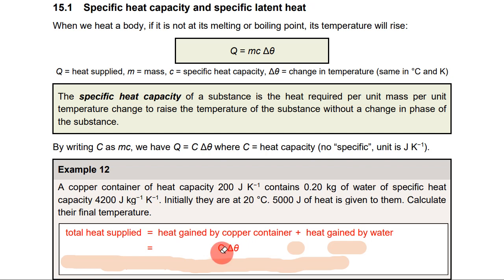We use big C multiplied by delta theta because for the copper, we are given the heat capacity. Then plus the heat gained by water. For heat gained by water, we use mc, small c times delta theta. We use this formula because we are given specific heat capacity for water.